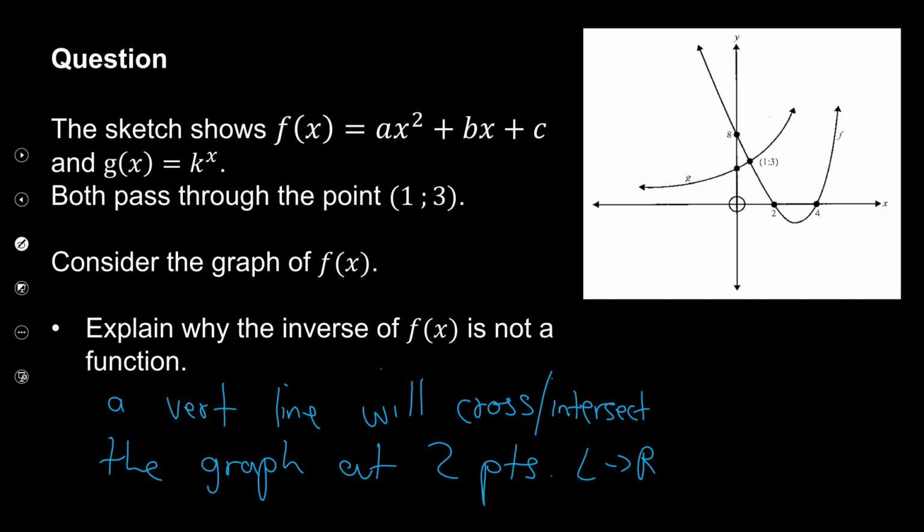That's why it's not a function, because it's just going to be something like this. So if you draw a vertical line, it will be at that point and at that point.